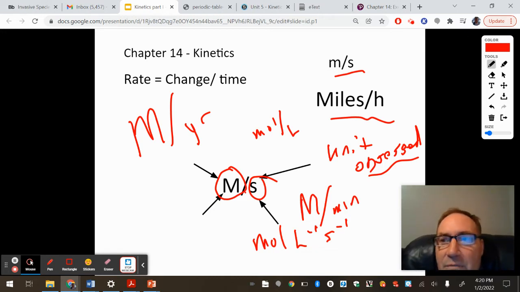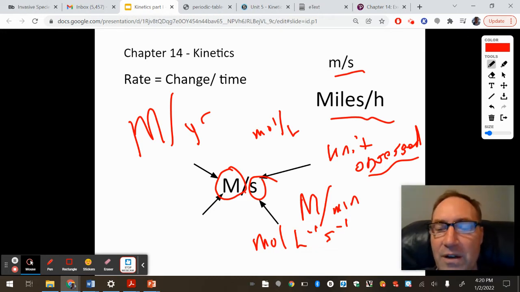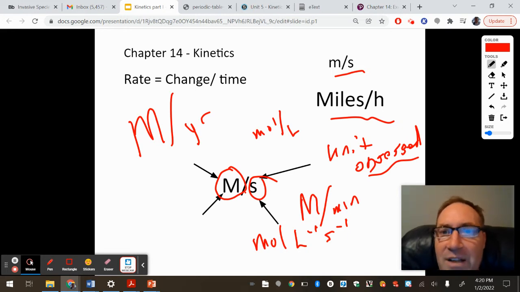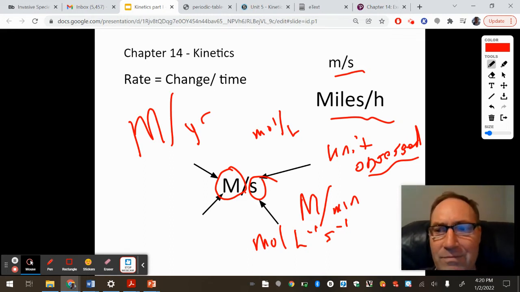But regardless, it's the rate of change of reactant or product over a unit of time. Usually you're going to be given some sort of data table, and you're going to have to figure out how this slows down, or how this speeds up, or all that kind of stuff.